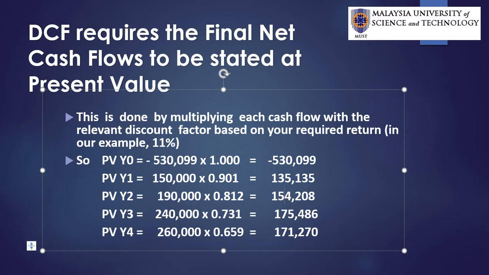And we do the same thing for year 3, 240,000 times 0.731, 260 times 0.659, and we will now get present values. This is the value today of all the cash flows that we are going to get from this investment, including the investment that we are making today.